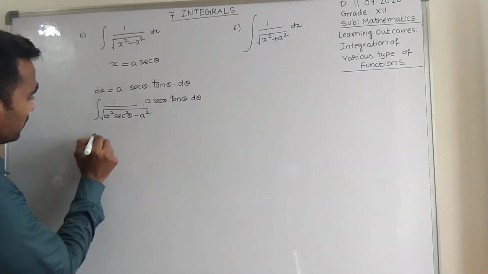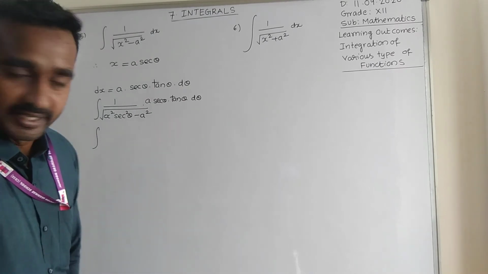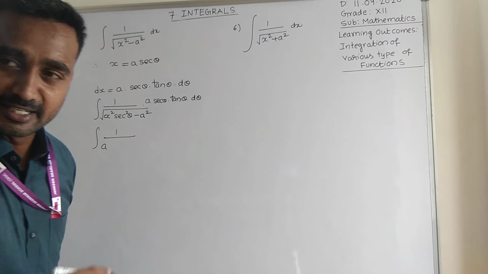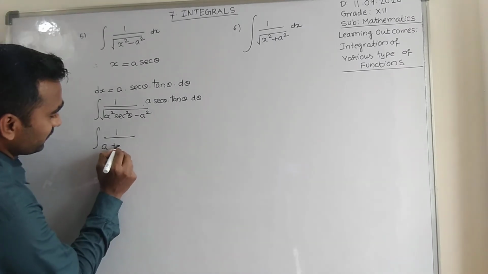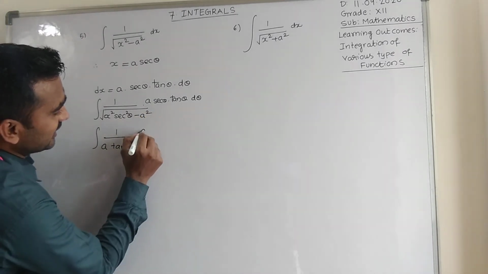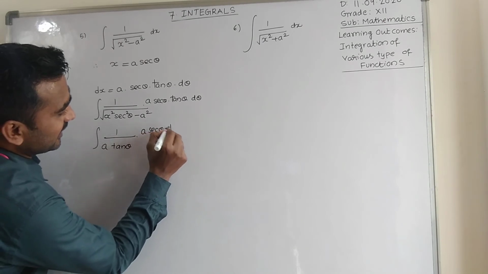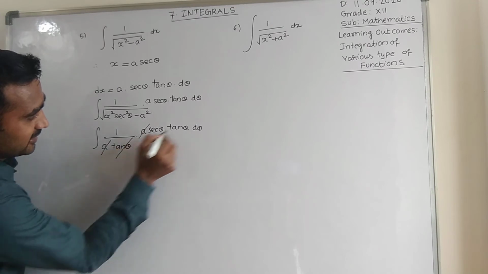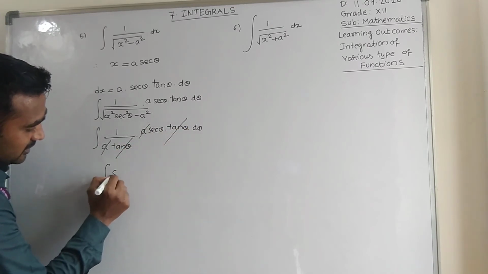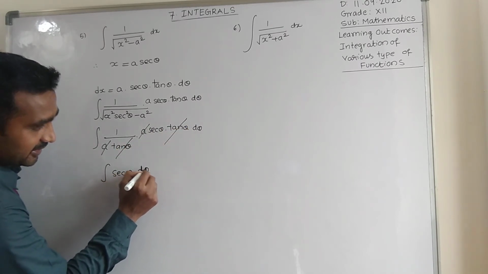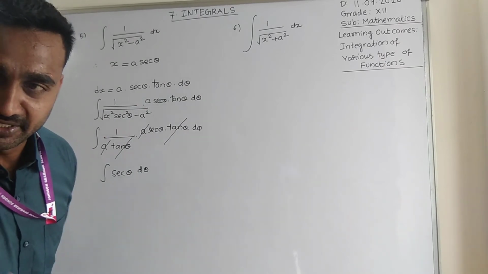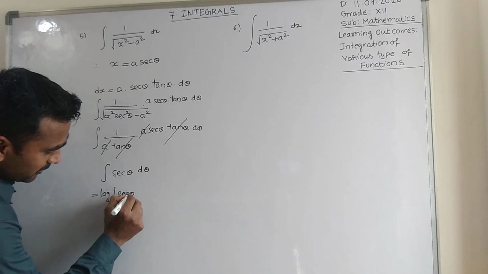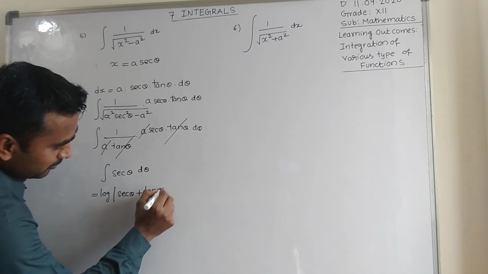Now students, root over a square is a, and root over sec square theta minus 1 is tan theta, so we have a sec theta tan theta d theta. So a cancels, tan theta cancels, and still we have the integration of sec theta d theta. Just recall the integration of sec theta: logarithm of sec theta plus tan theta plus c.